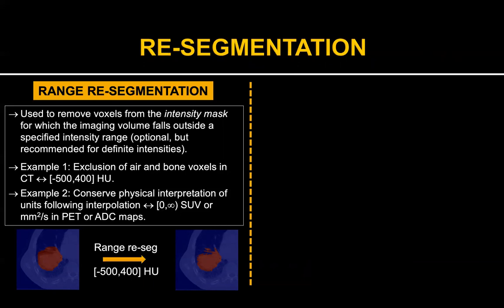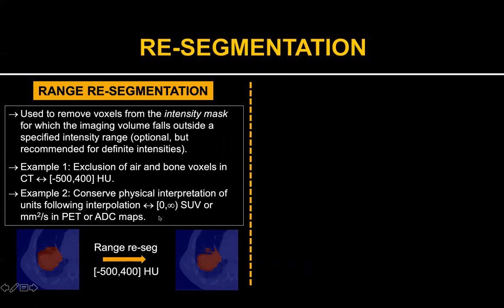We may say, now that the segmentation has been done, we want to remove the voxels associated with bone or associated with air. For example, we would provide a resegmentation range, a range of analysis, between minus 500 and 400 Hounsfield units. Great, that's one example.